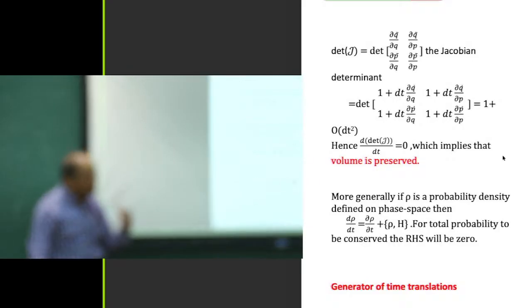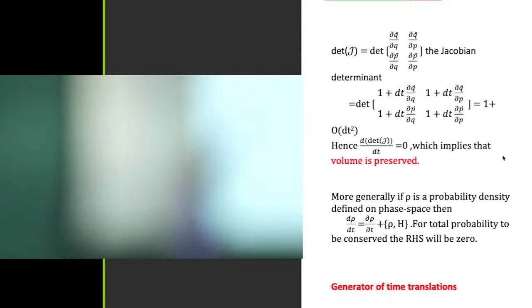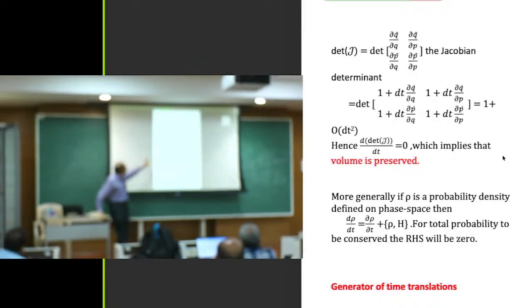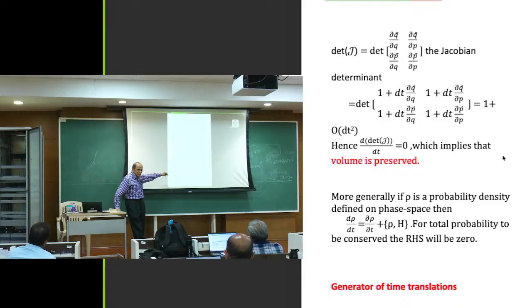Since there is no term linear in dt, d by dt of the Jacobian determinant vanishes, and it will mean that volume is preserved. Okay. This is what happens in this case.